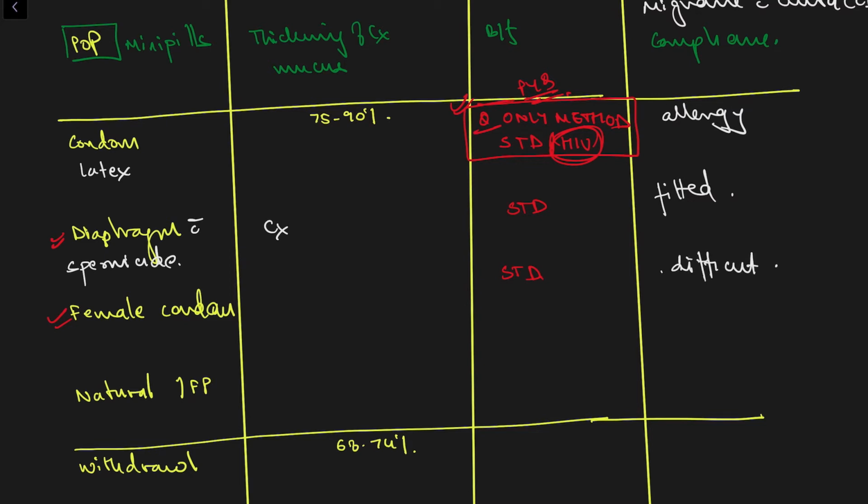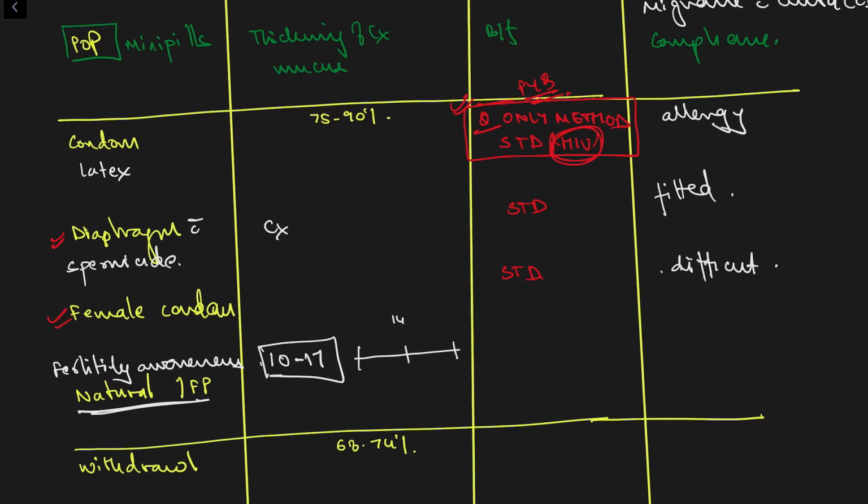Then natural methods, they are also known as fertility awareness methods. So what is done is that the intercourse is usually avoided during those days of the cycle in which ovulation is likely to occur. That is day 10 to 17. Right. So if this is the cycle, we know ovulation generally happens here.